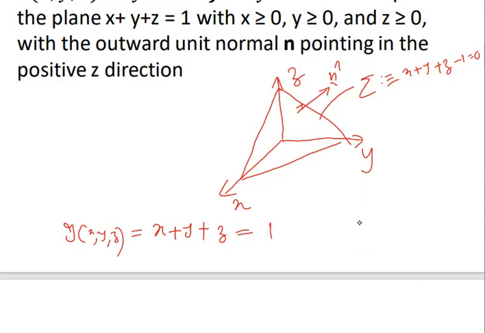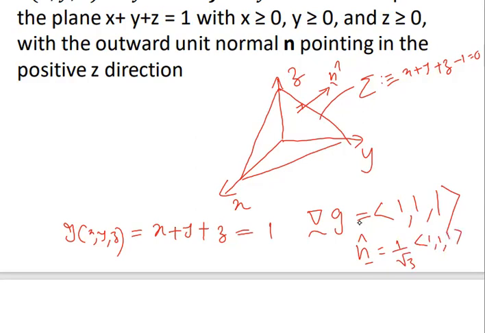Then the gradient is perpendicular to the surface, which is (1, 1, 1). Got it? If you want to find the unit normal, it is divided by the magnitude, which is square root of 3. This is the unit normal to this plane.